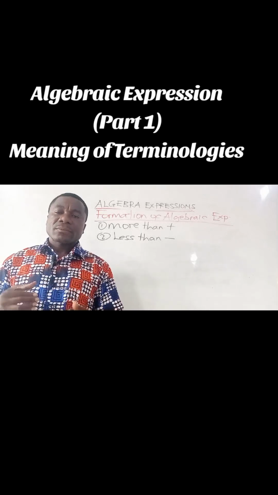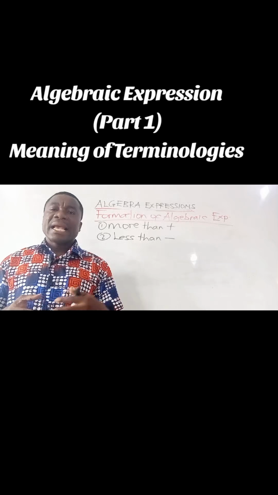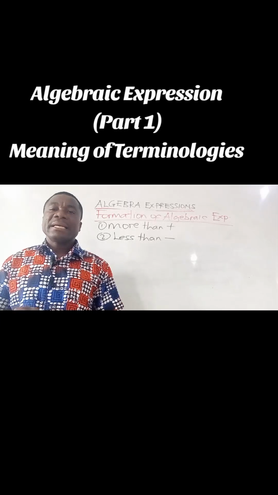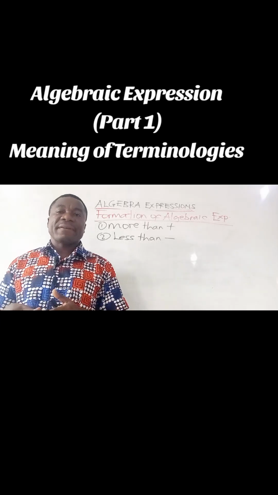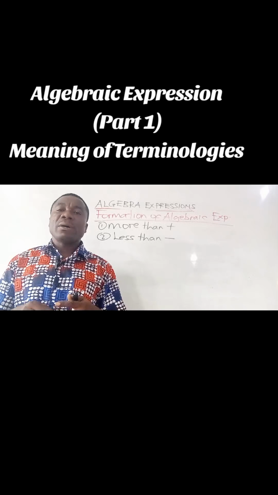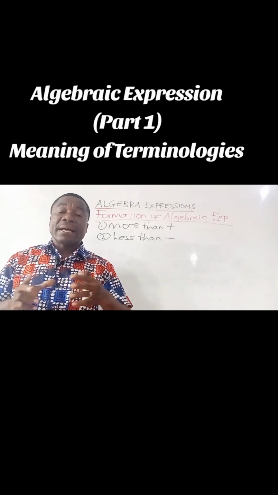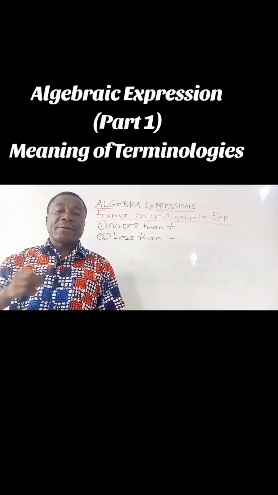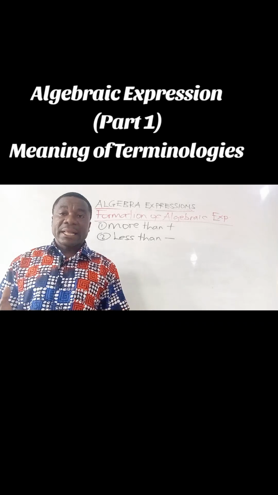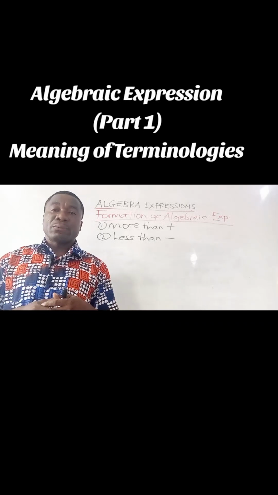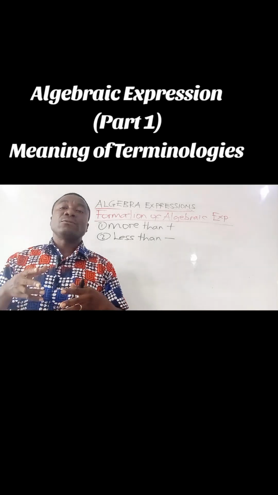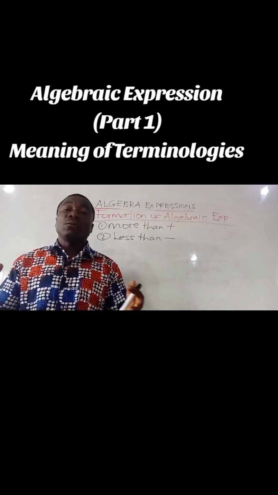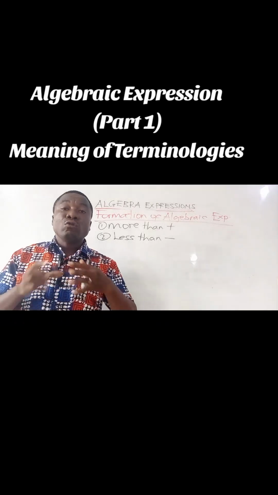In other words, when they say "a certain number", they didn't say 2, 4, 5, but a certain number that you don't know, please use any variable to represent it. Are we clear? Now we are going to look at some examples. As I said, I believe in practicality when it comes to maths. So use any variable to represent any unknown quantity.